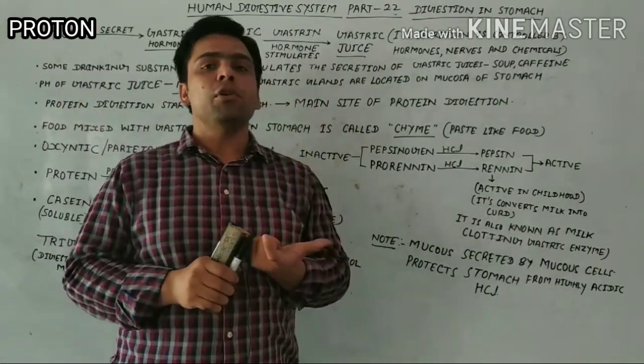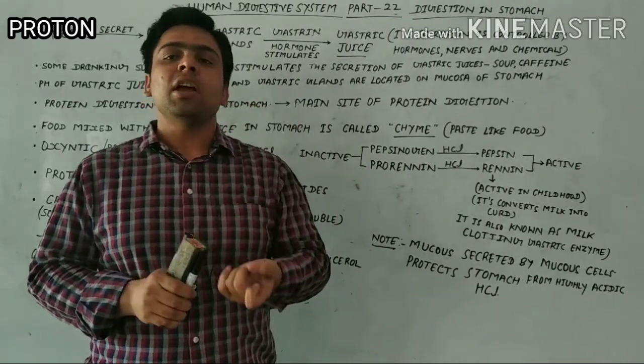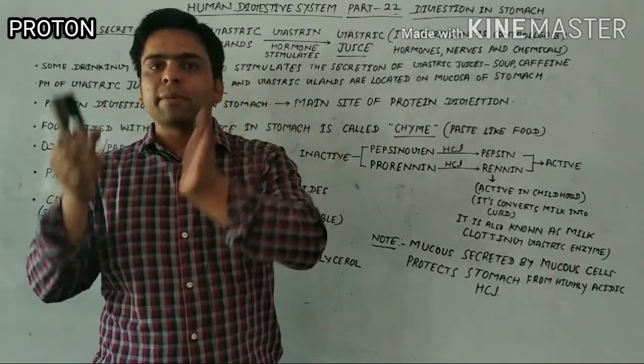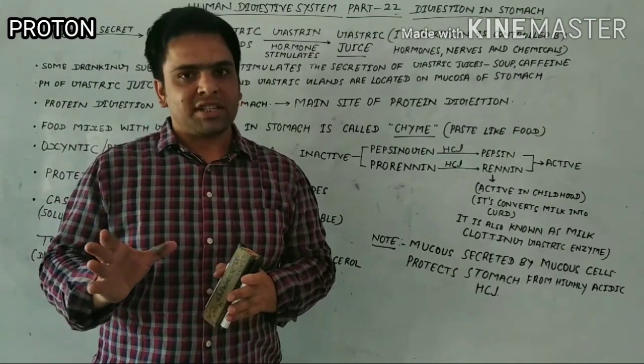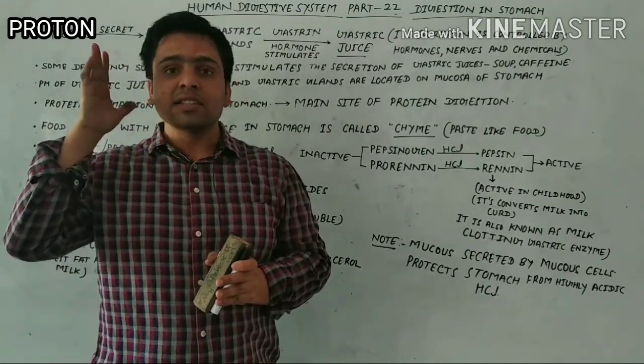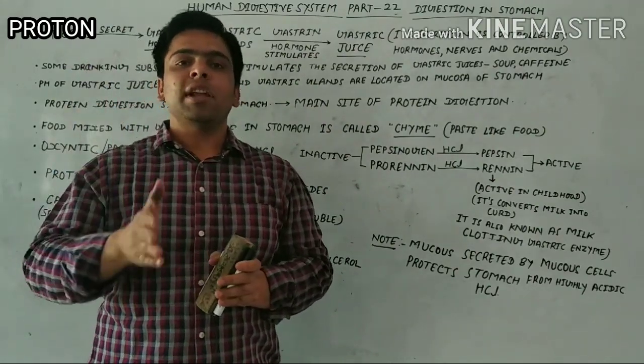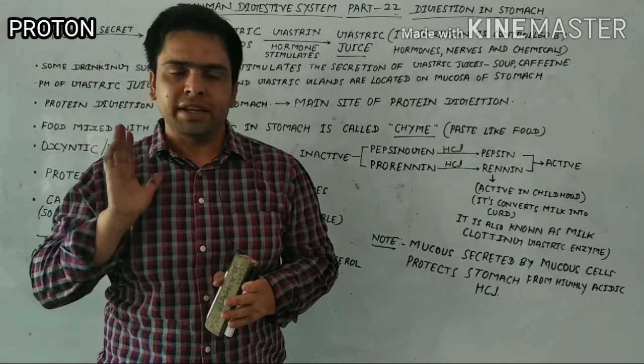In the upcoming video we will study how digestion takes place in our small intestine, because the small intestine is the last site where digestion finally takes place. Clear, students?